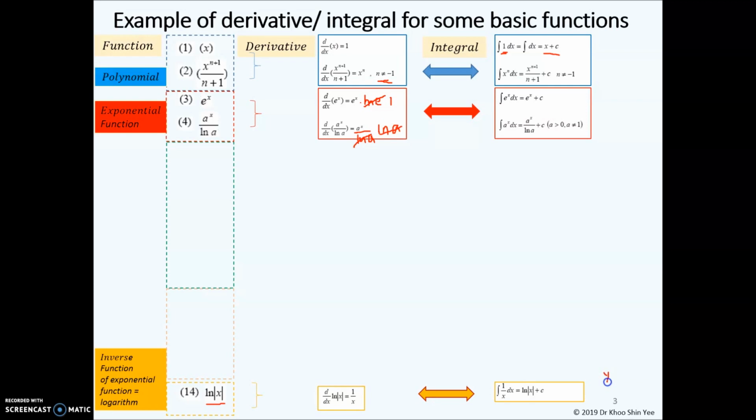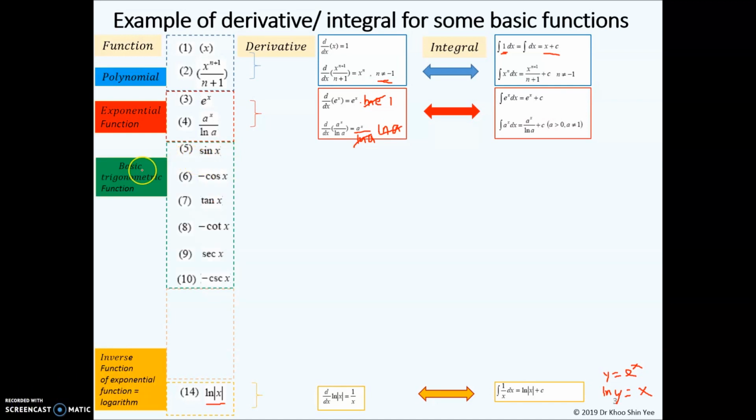For example, let's say you have y equal to e to the power of x. You invert it, and basically you get ln y equal to x. That's why we say the log is the inverse function of the exponential function.